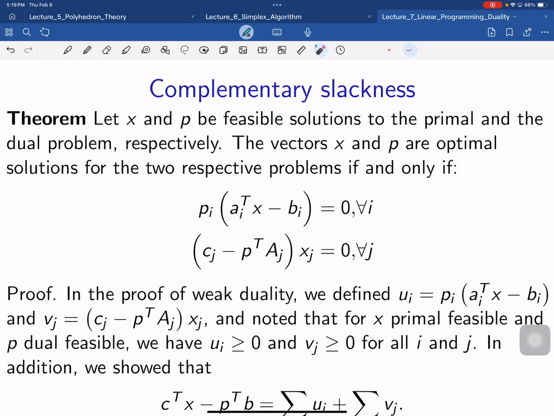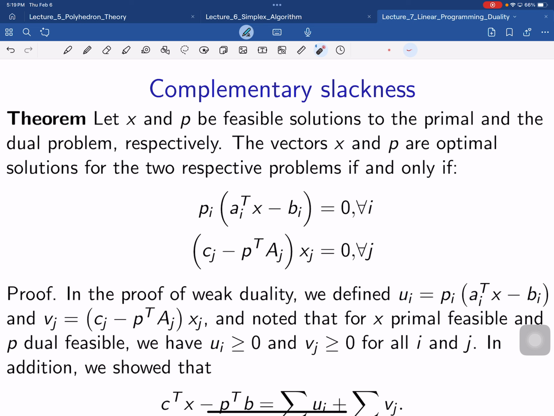Then let's assume X and P are optimal solutions. Then these two conditions have to hold, which is Pi times AI transpose. This is the Lagrange multiplier multiplying the primal constraint, right? And you can think about the second constraint as the primal variable multiplying the dual constraint.